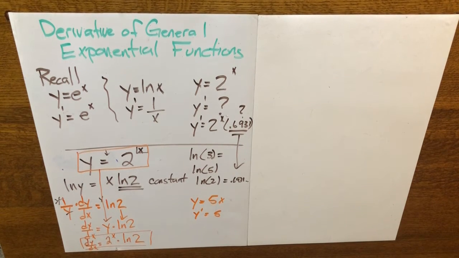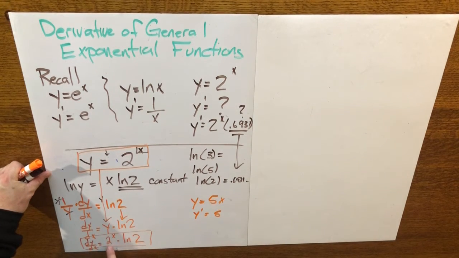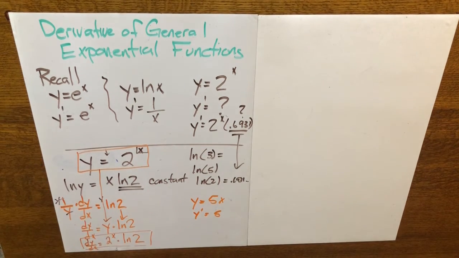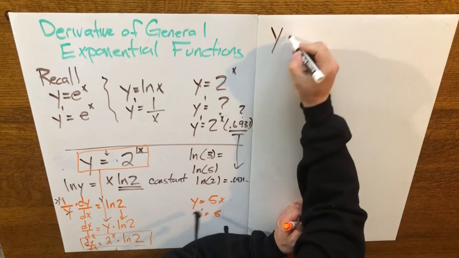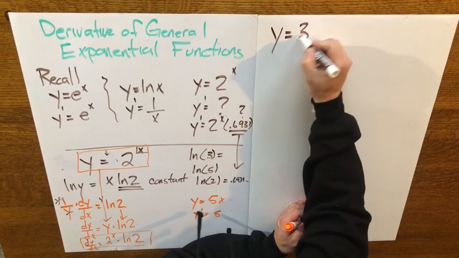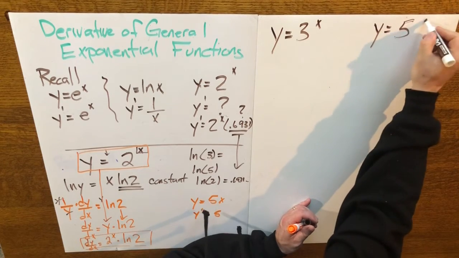So for the general exponential functions, where the base is not e, the derivative is much the same except it's times this constant, and this constant works out to be the ln of the base. So let's look at some simple examples up here, and then we'll work to more complicated ones. So y equals 3 to the x, y equals 5 to the x.